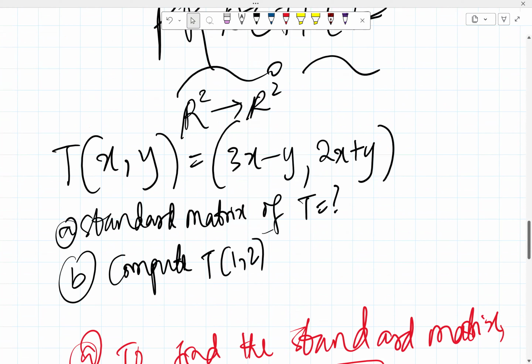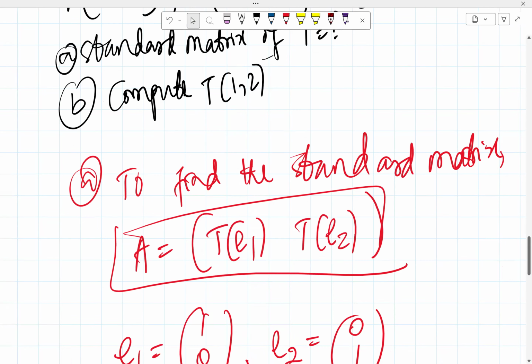So the next part is we need to compute T of (1, 2). I wonder why I'm calling that T half.